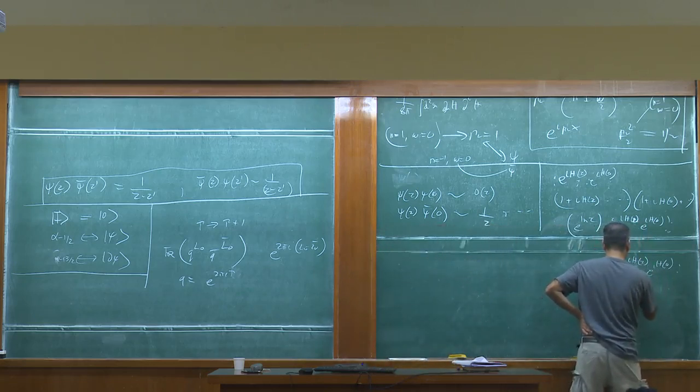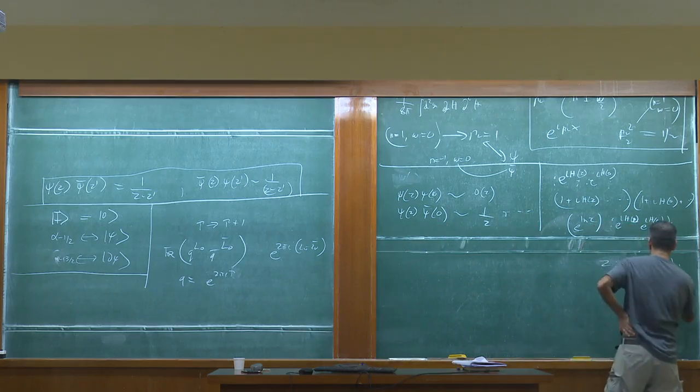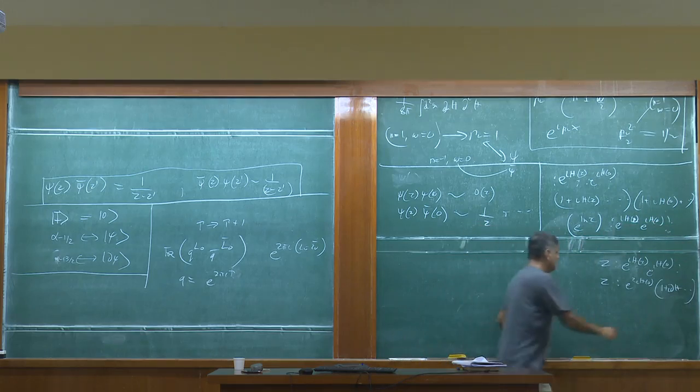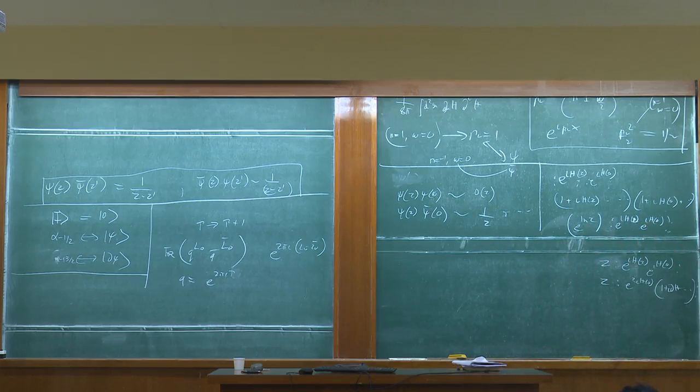So it's e to the power 2ih of 0, and then 1 plus del h plus i del h, blah, blah, blah. The rule, as always, is that within normal order, you can treat operators like numbers and Taylor expand at will. So that's what I've done. For now, all we care about is that we get z times something. As we go on in this class, we will care about the details. Okay, excellent. Is this clear?